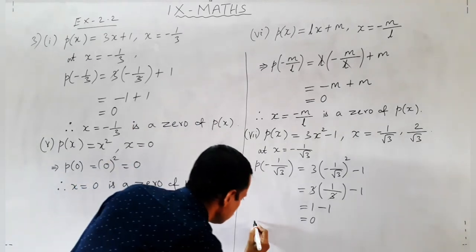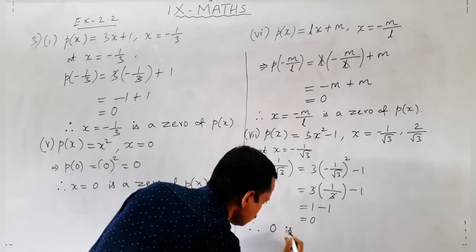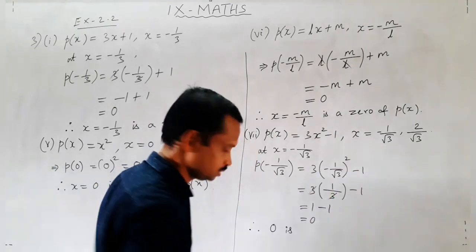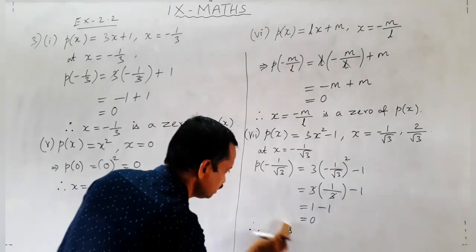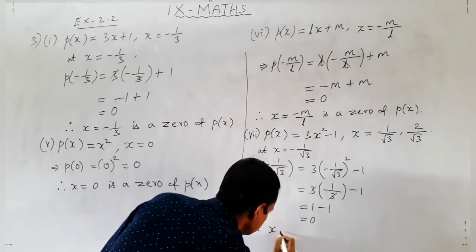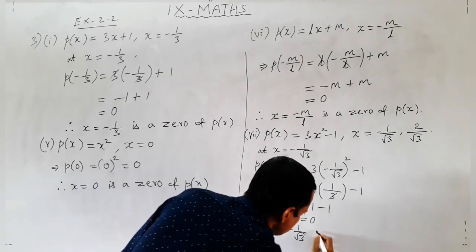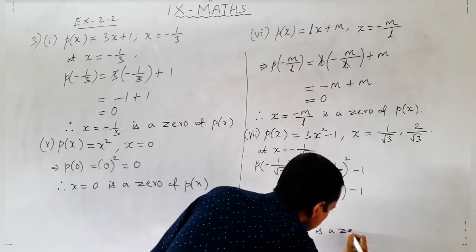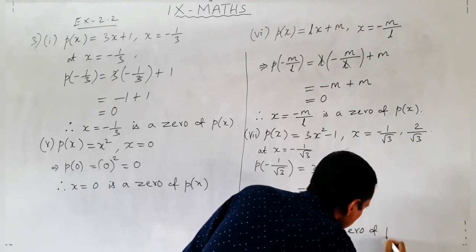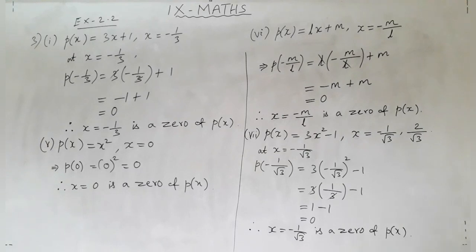So we can say, therefore, x equal to minus 1 by root 3 is a 0 of p of x. Clear? Minus 1 by root 3 is a 0 of p of x.